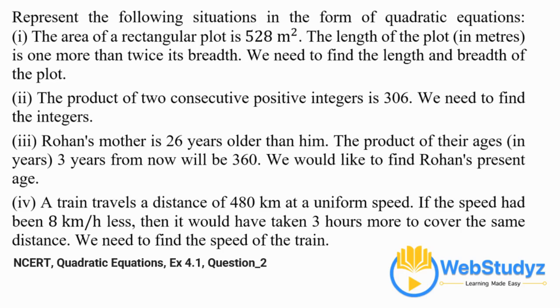Now move on to the fourth question: a train travels a distance of 480 km at a uniform speed. If the speed had been 8 km per hour less, then it would have taken 3 hours more to cover the same distance. We need to find the speed of the train. So let's start the solution.